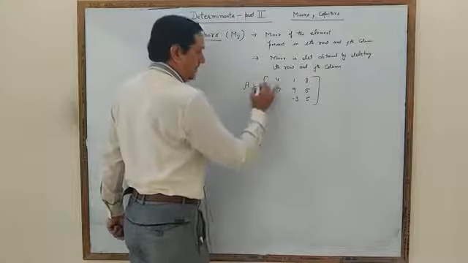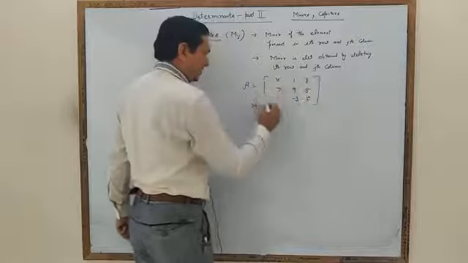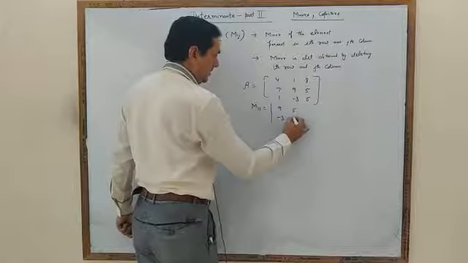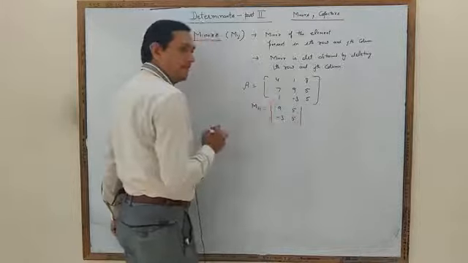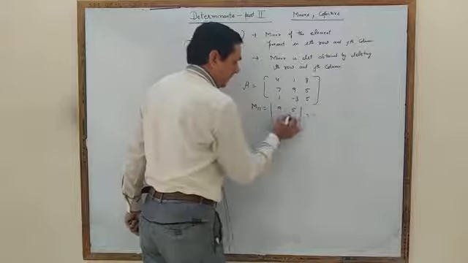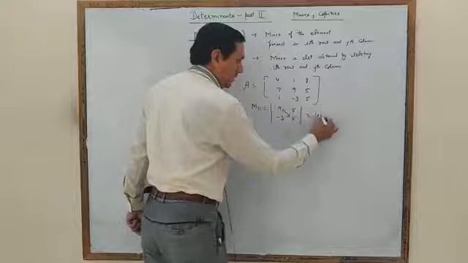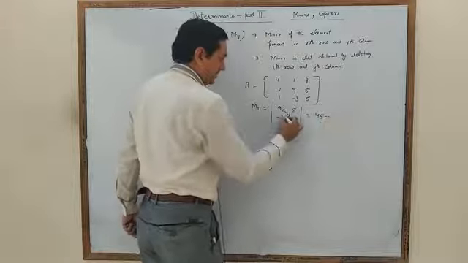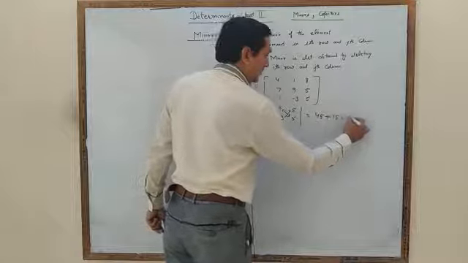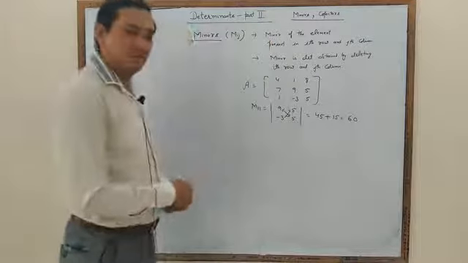M11: delete first row and first column. 9, 5, -3, 5. 9 multiplied by 5 is 45, minus -3 multiplied by 5 plus 15, which is 60.